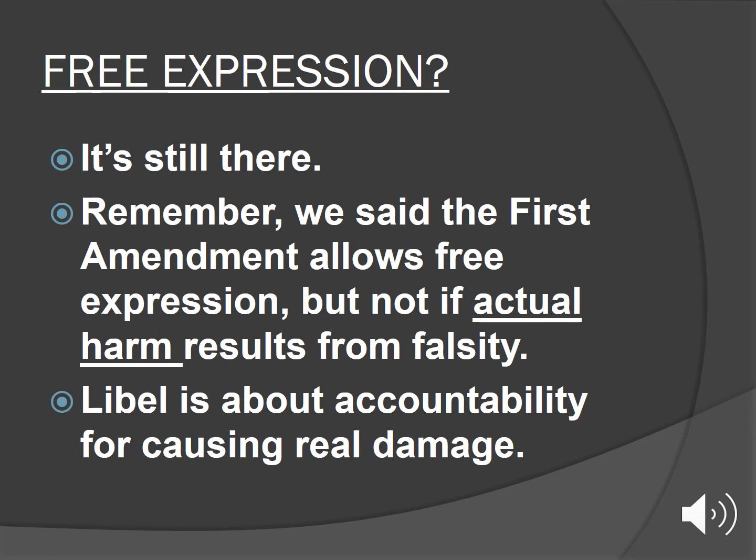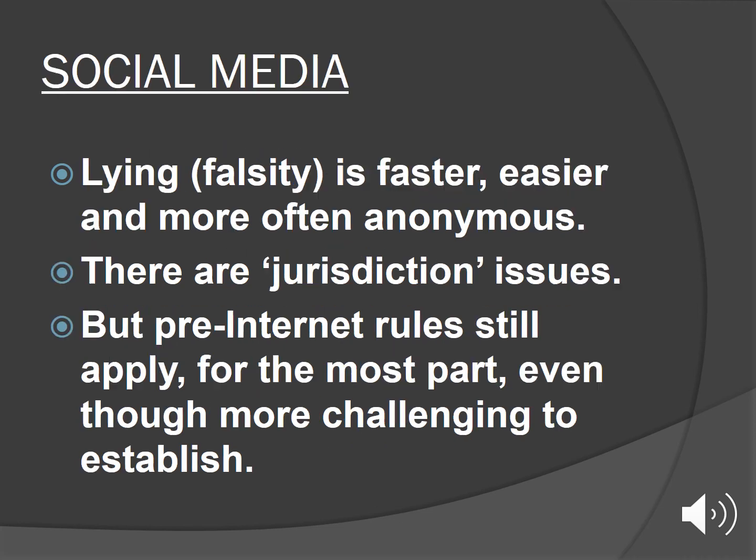But if actual harm results from the distribution of that information and it's false, then there's accountability for causing the real damage to a person's reputation. Reputation is the interest that's being protected in libel law. And as I've said, and I'll say again, reputation is a very valuable commodity.